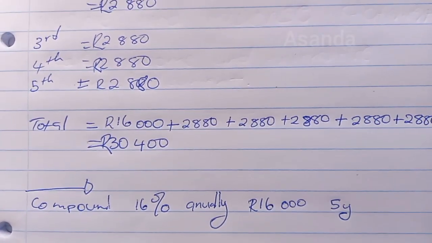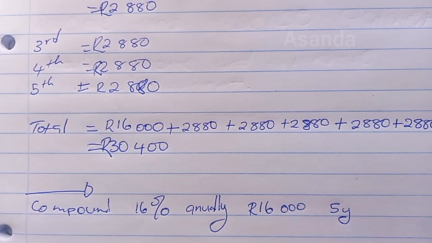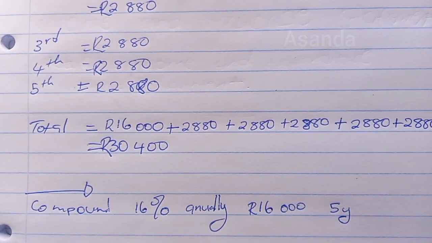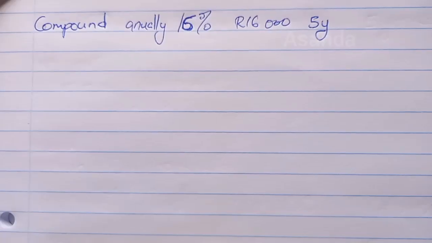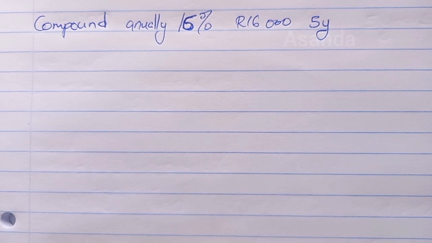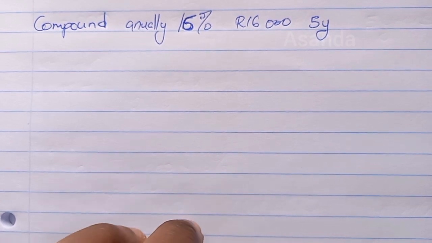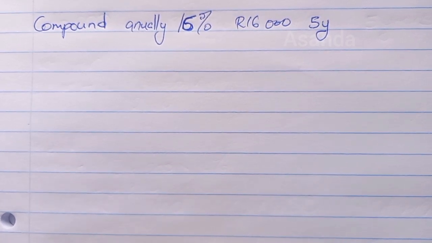Simple interest is simple, but compound is a little bit more complicated. Okay, so let's get started. We're going to do the calculations for the compound interest, and then when we're done, we're going to compare how much he's paying back in the simple interest versus how much he's paying back in the compound interest, and then we'll do the final part of the question.